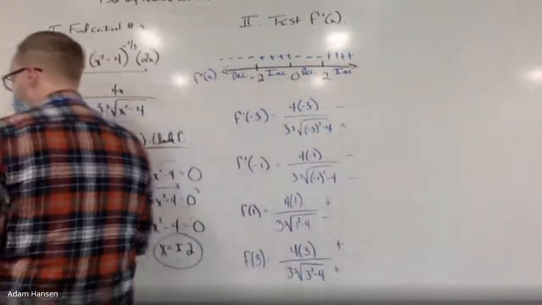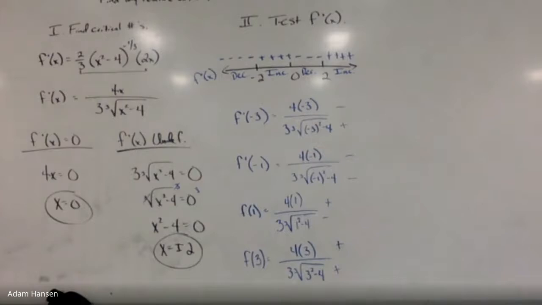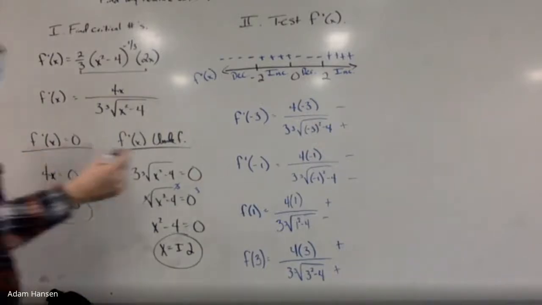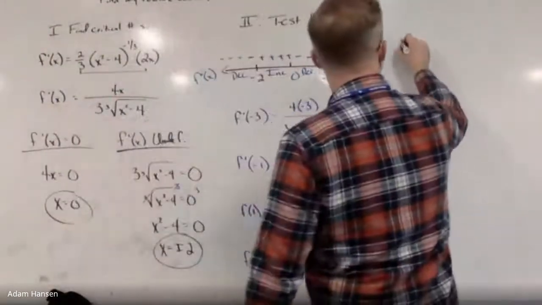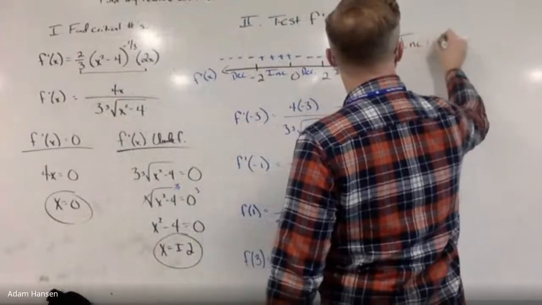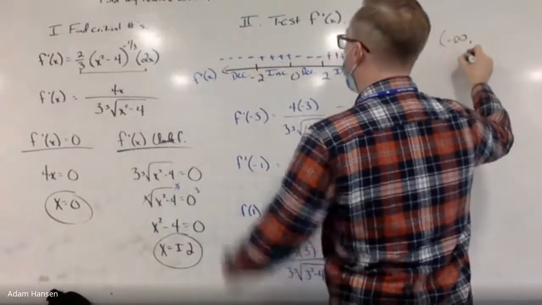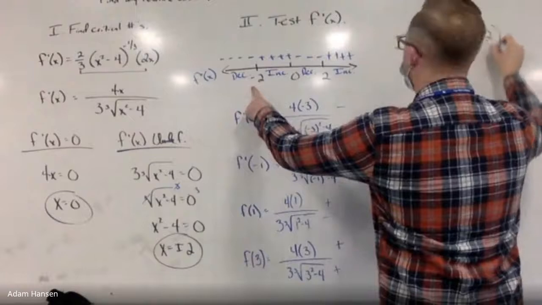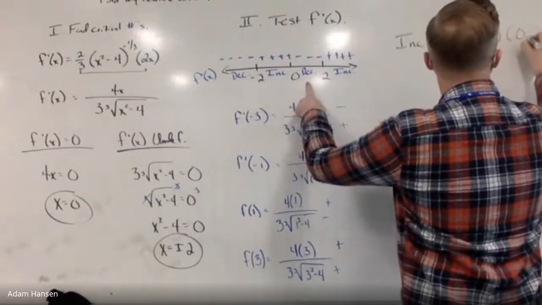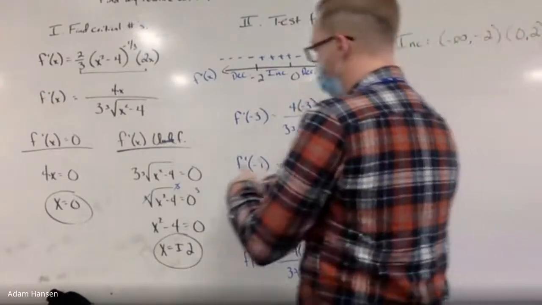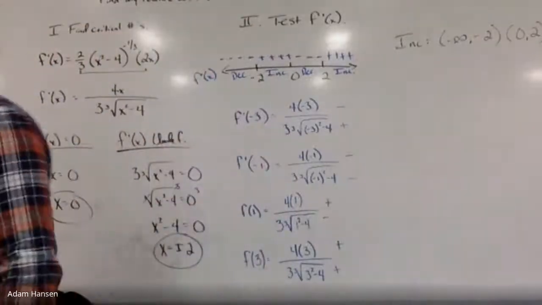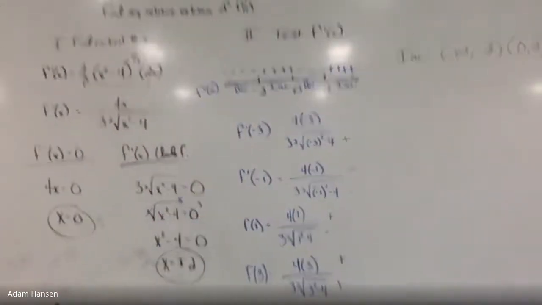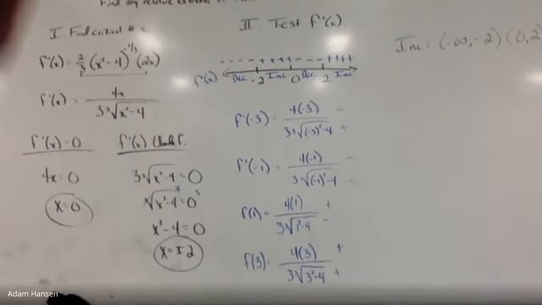Start writing down our answer. We are increasing from -infinity to -2, and from 0 to 2. Wait, I wrote that wrong.